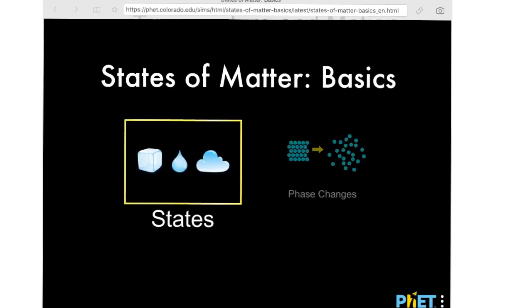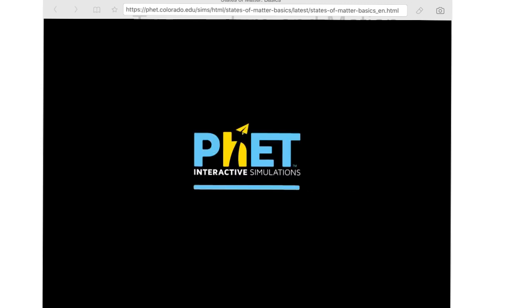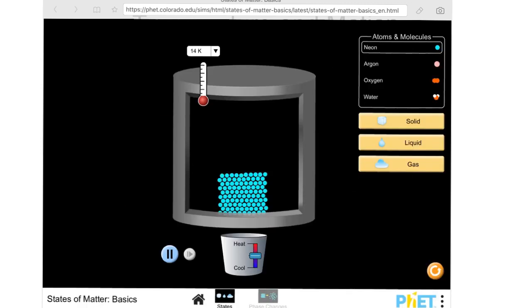All right, in this animation here, we are going to look a little bit more at molecular motion and how that changes with an increase in temperature. So right now we have neon gas in the solid phase.